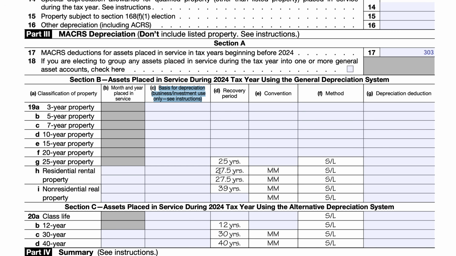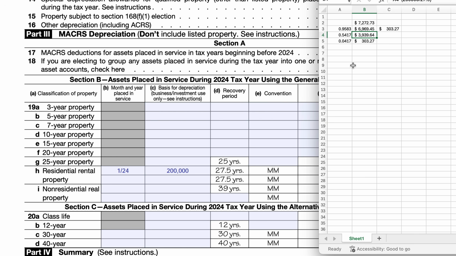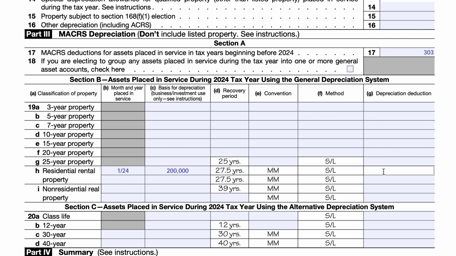So if you place the property, let's do one last example, and let's just say that you put this property into service in June. You would use this number right here, which happens to be the mid-month convention number for June. And that looks like it's roughly, it's not quite half of the total amount. Actually, this was the mid-month convention for May, I believe.